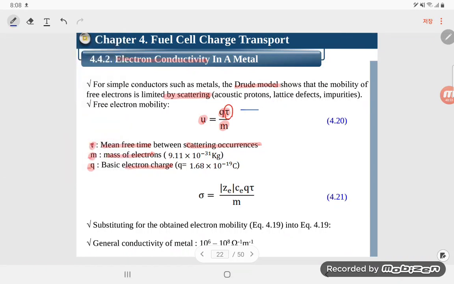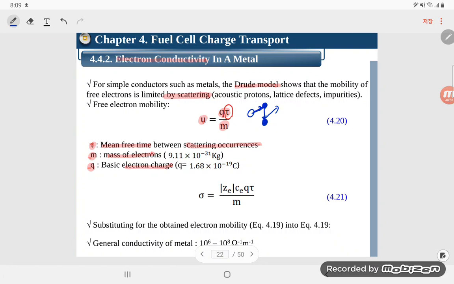What this means is, if there is an electron here and a crystal lattice with metal ions here, the electron bumps into the metal ion, gets scattered, and goes through this way.